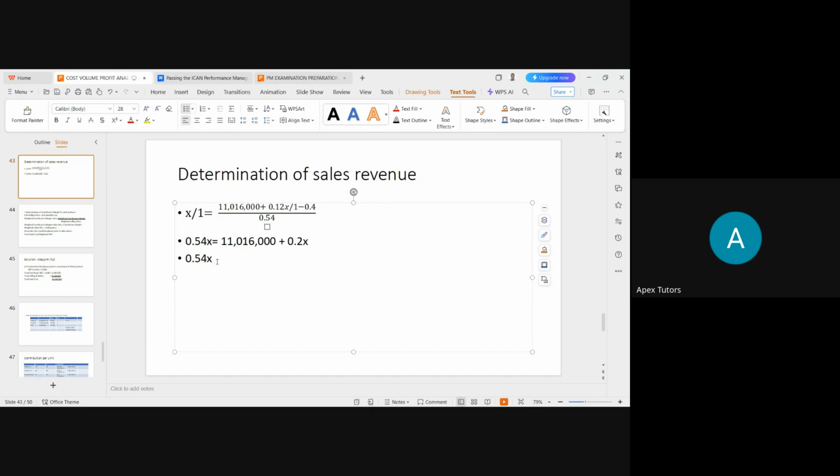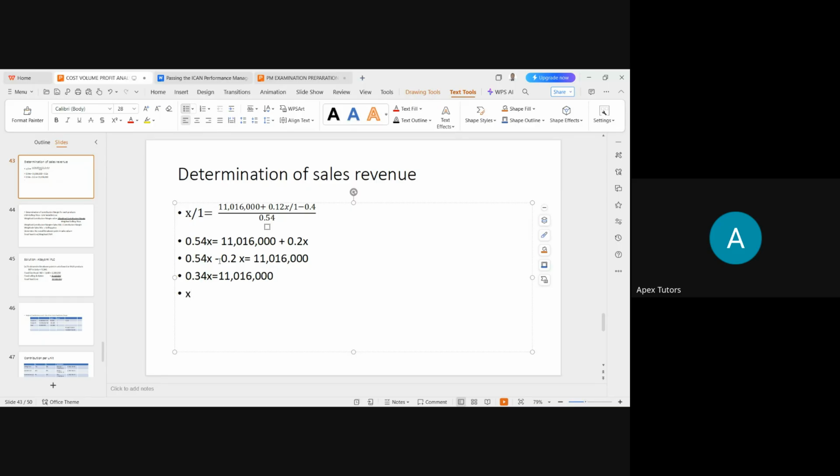Because they look alike, they have one common factor, which is X. So this will be 0.54x minus 0.2x, which gives 0.34x. You divide both sides by 0.34 to get the sales revenue.